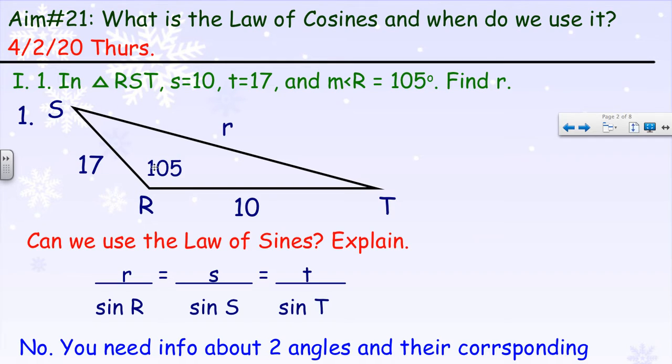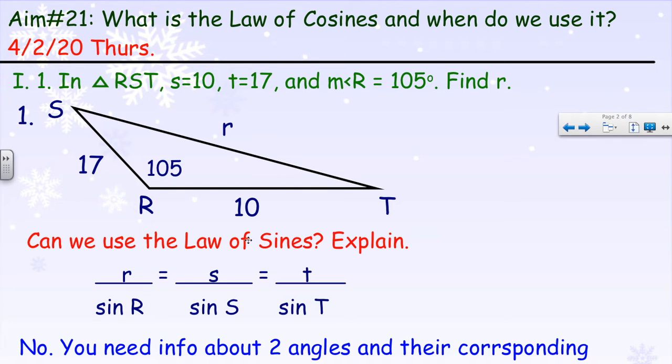Here, I only have but one angle, and there's no way of knowing what angle S is, so I can't use side S, the 10. I don't know what angle T is, so I can't use side T. And even though 180 minus 105 is 75, I can't divide by 2 because I don't know that they're congruent.